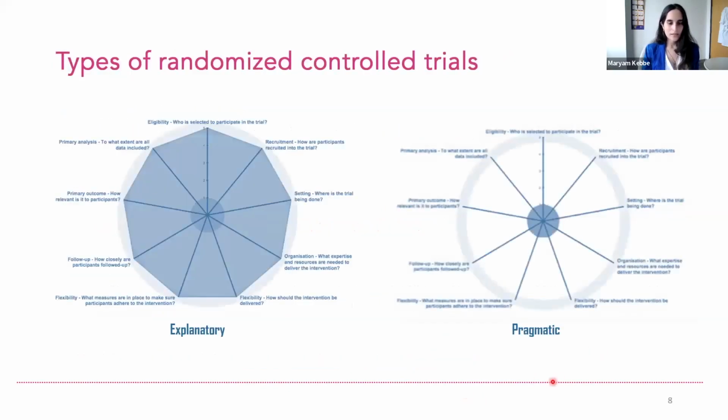Now, across these designs that we saw, you could plan for an RCT to be explanatory or pragmatic in nature. So focus your attention here on the shaded space in these two figures and how much they occupy. You then see that in a pragmatic trial, there is less rigidity on the trial elements. So with a pragmatic trial, you're specifically looking to maximize the results of your trial to general practice.